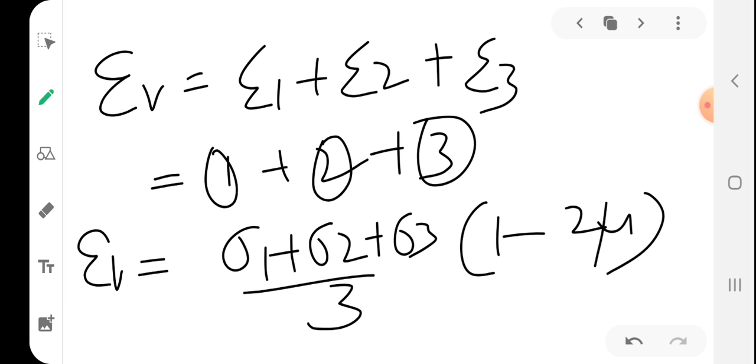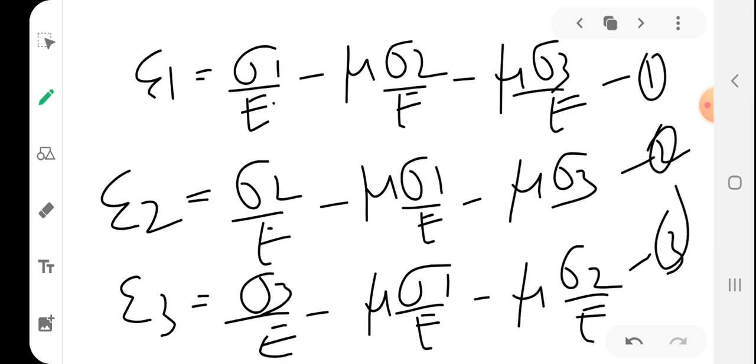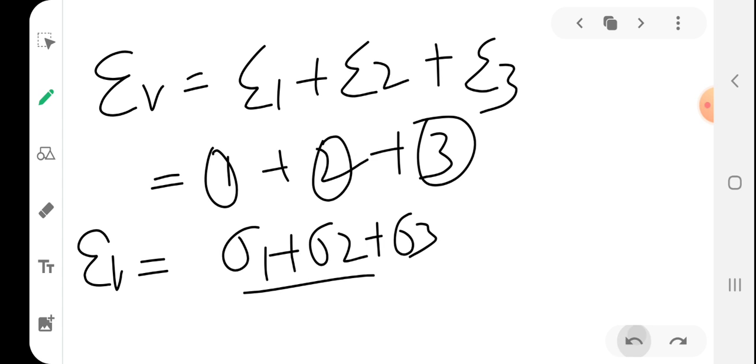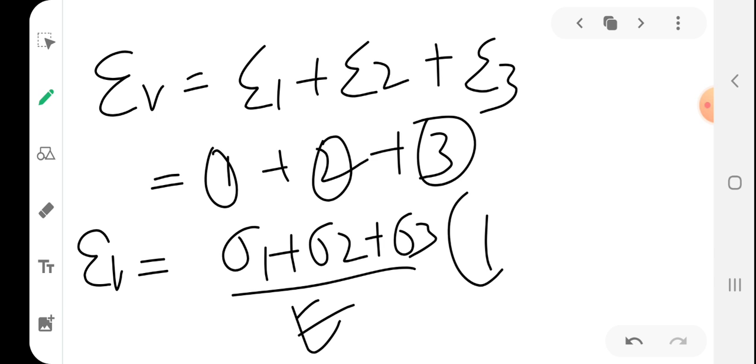Adding sigma 1 by E, sigma 2 by E, sigma 3 by E, and minus mu sigma 2 by E, minus mu sigma 3 by E, minus mu sigma 1 by E, you will get an equation like this. Sorry, this is E, 1 minus 2 mu.